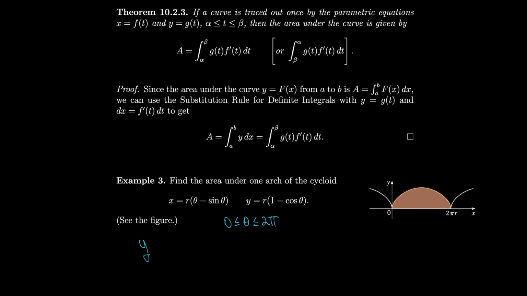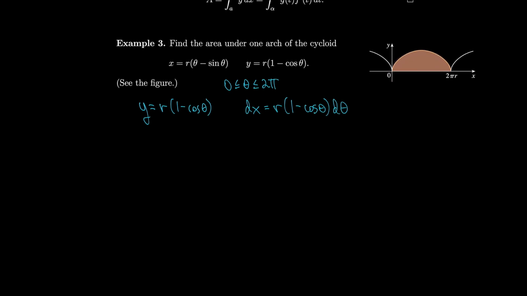And our y is equal to r times 1 minus cosine theta. So we'll substitute that into our integral for y dx. And our dx, let's take a look at this guy. If we take the derivative, we get r times 1 minus cosine theta d theta.